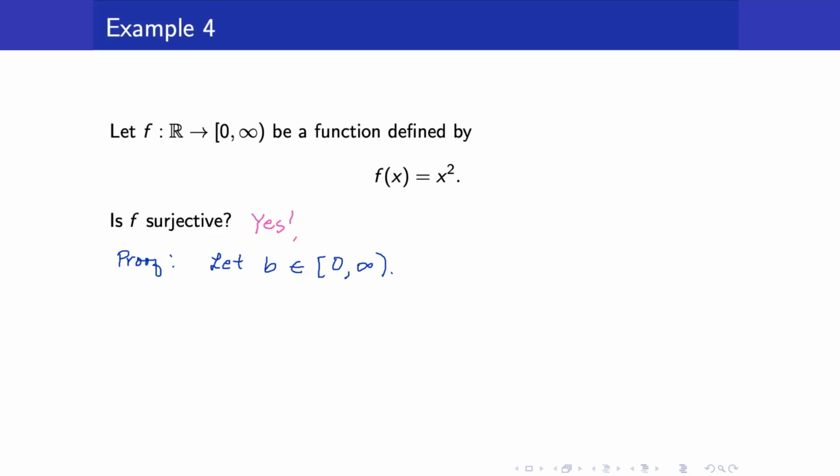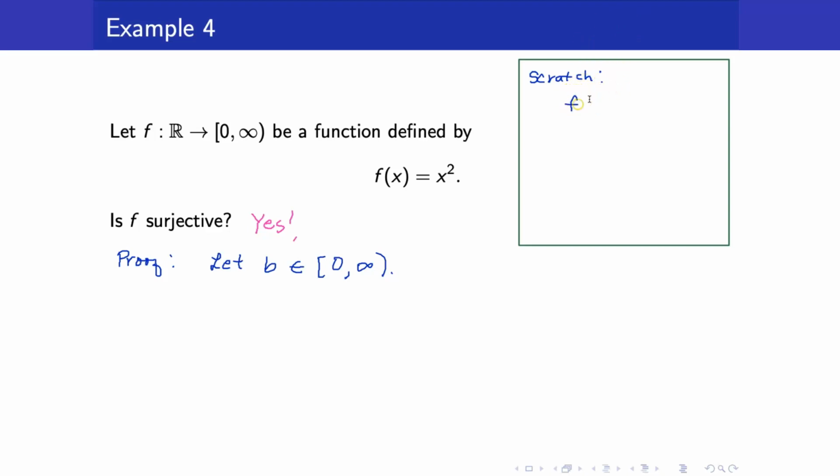So again, for our scratch work, we want to find an a such that f of a is equal to b. My f of a is a squared. So we have a squared equals b.